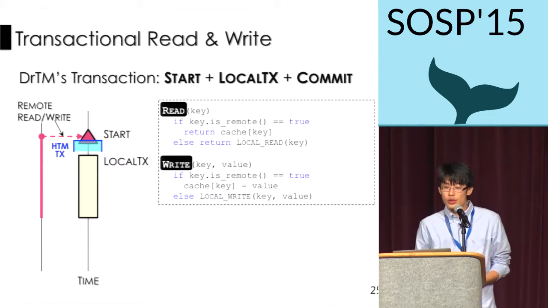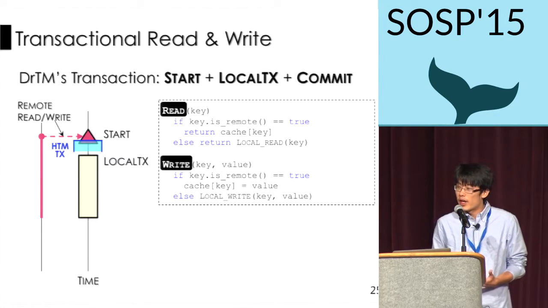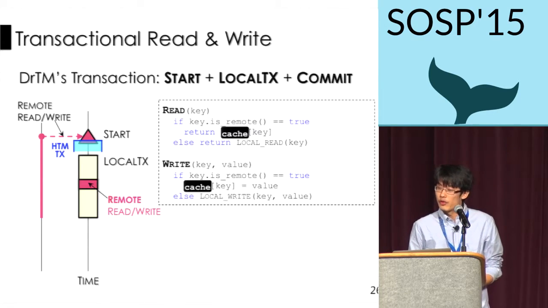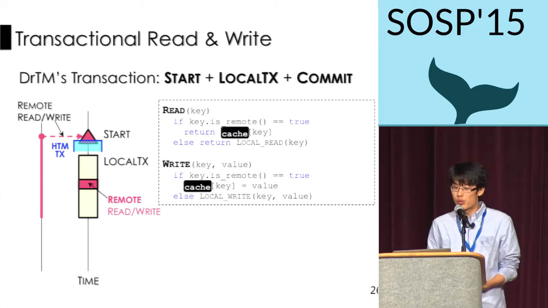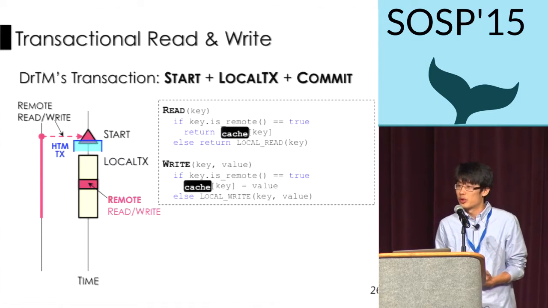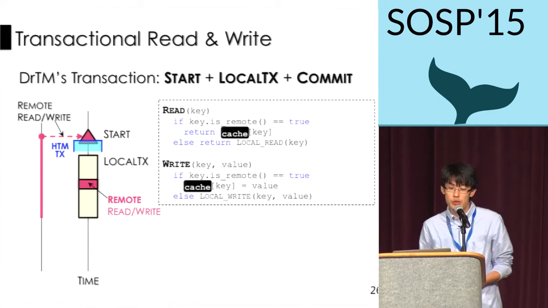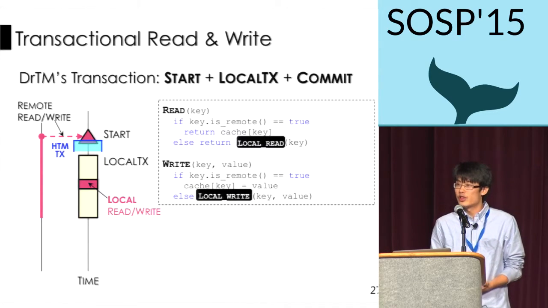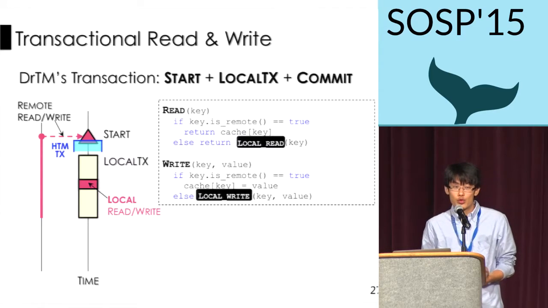During the execution of the local transaction, we provide a read-write interface for each data access and modification. Remote data record accesses and modifications can be directly operated on the local cache, since the remote data has been safely locked at remote machines. For local operations, we need to further check conflicts with remote transactions.